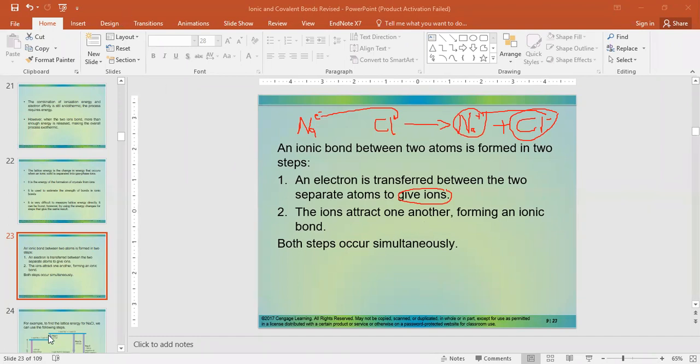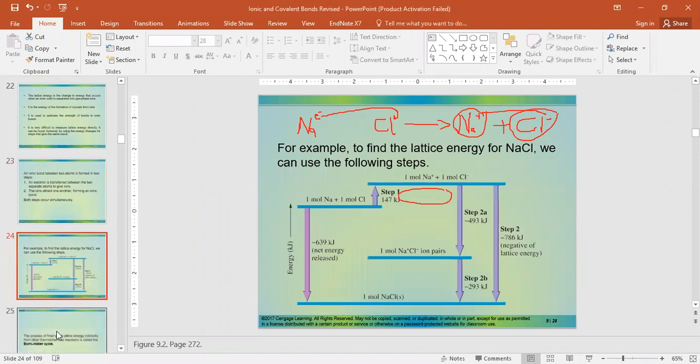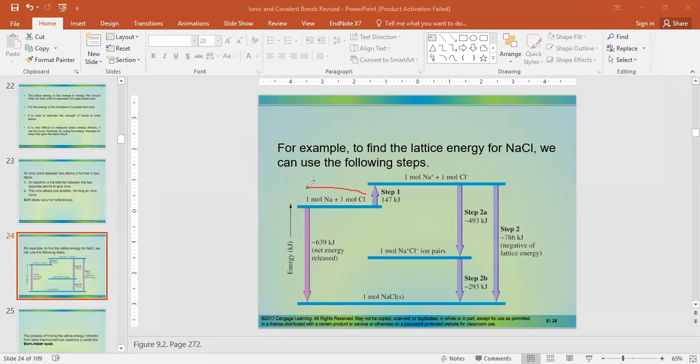We can illustrate that further by looking at the specific energy changes in this diagram here. To find the lattice energy for sodium chloride, we can use the following steps. This is where we are starting, the first step. We have 1 mole of sodium and 1 mole of chlorine.